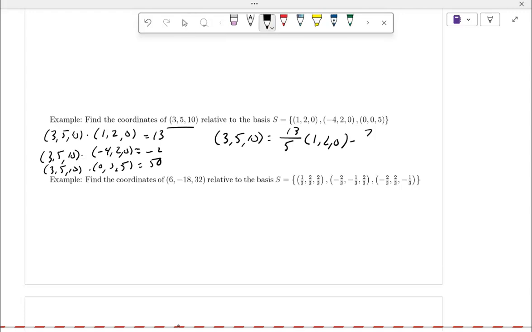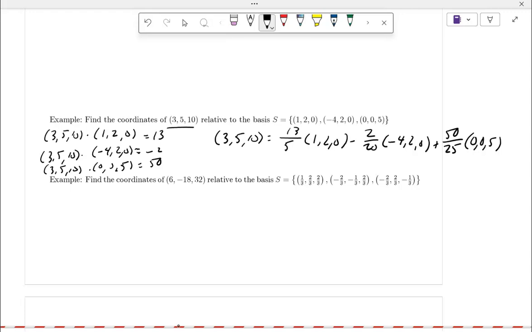And the other one, we get a 2 over, the inner product of the second vector with itself, 16 plus 4 gives me 20, times the second vector. And finally, the last one, I have 50 over 25 times 0, 0, 5. We should be able to check that that actually works, assuming we did all of our arithmetic correctly.